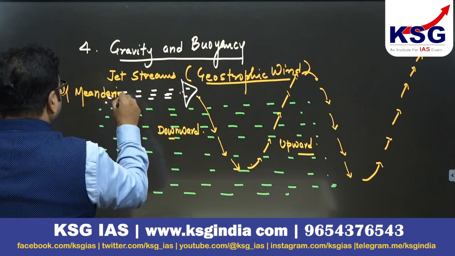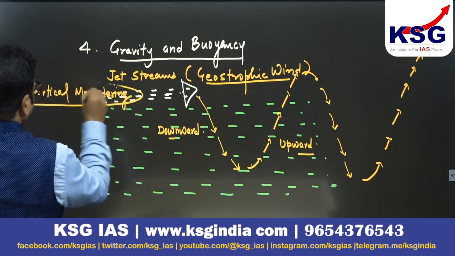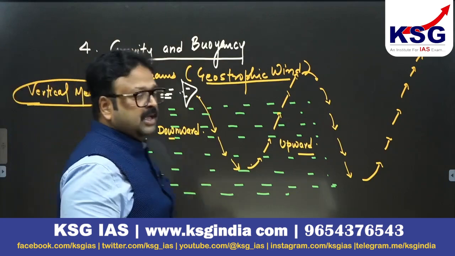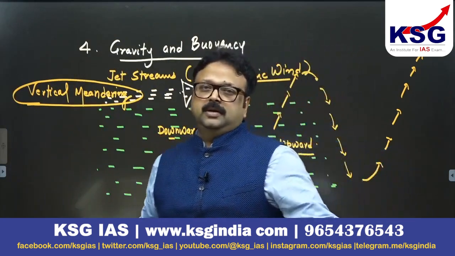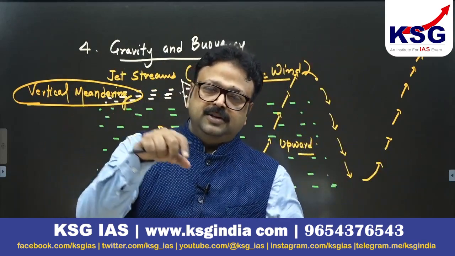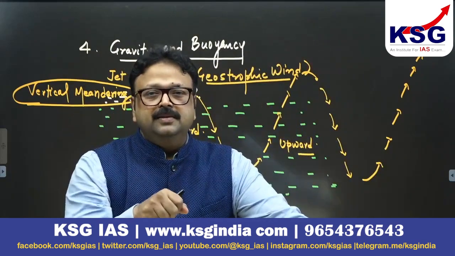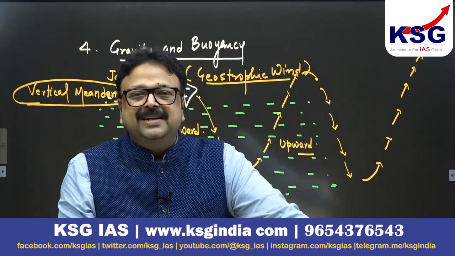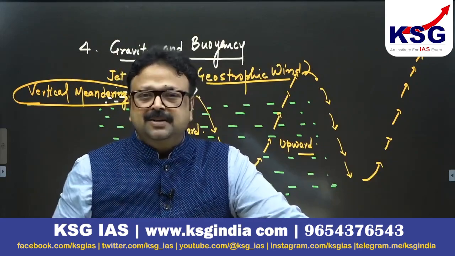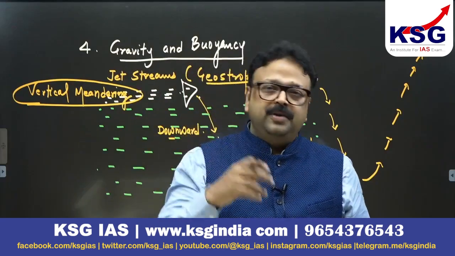And this meandering gives special characteristics to these jet streams, and they are going to affect local weather phenomena, or weather phenomena in a particular area. For example, western disturbances. So it is related with jet stream, heat waves, cold waves.